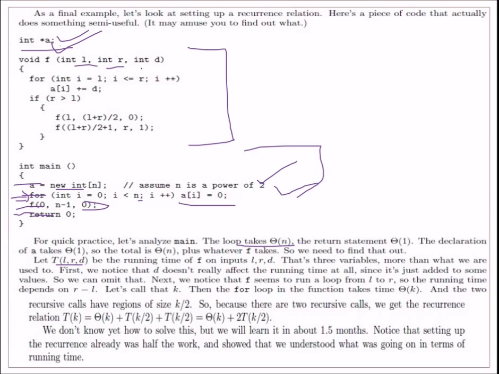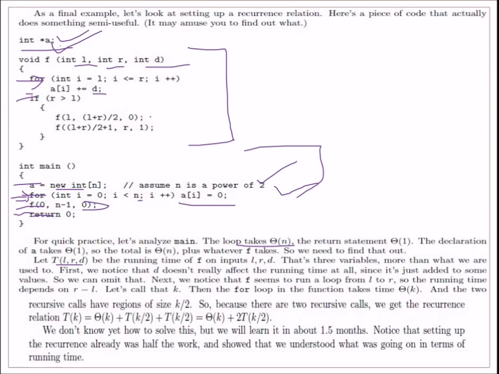Where is D? If it is not there, it is not there itself. D is not affecting the running time, since it's just added to some a[i]. So we can just omit that.